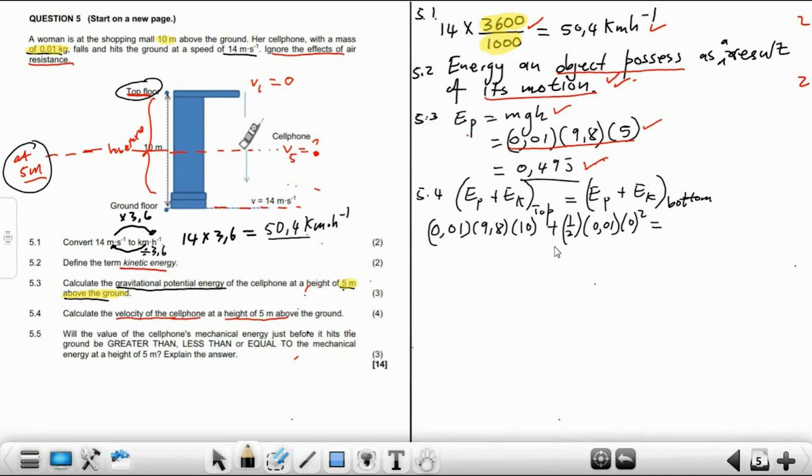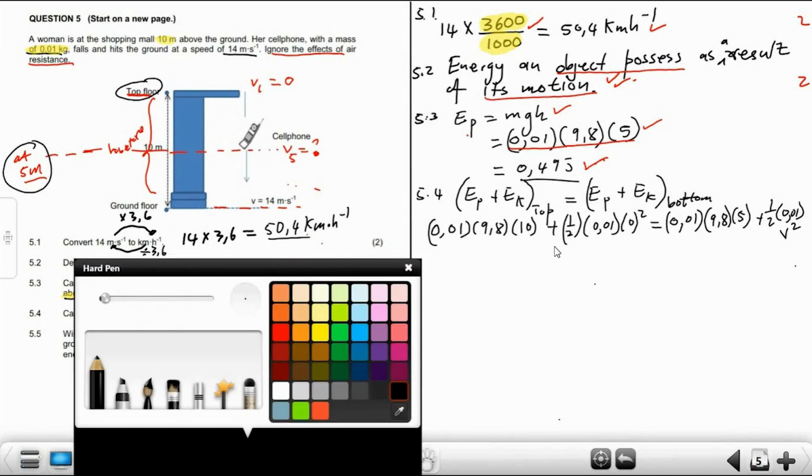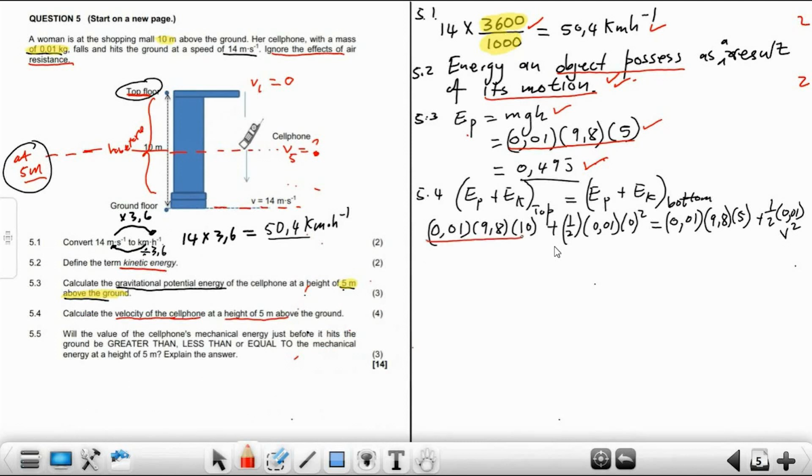That will be equal to, now we are at 5, 0.01 multiplied by 9.8 multiplied by 5, plus half of 0.01 multiplied by V squared, and we want to look for our V. By so doing, with the correct data, I am going to be in a position of getting the marks together with the correct formula.